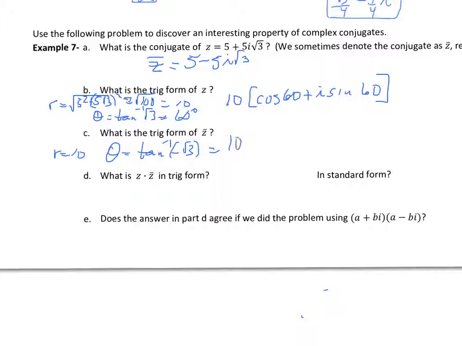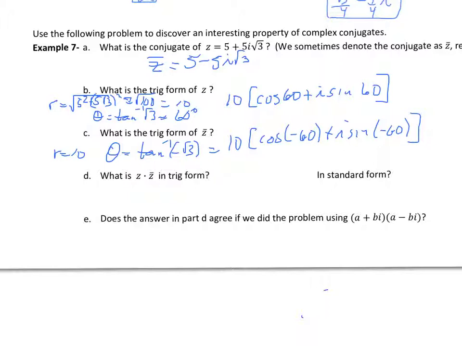So the trig form then is 10 times the cosine of negative 60 plus i sine negative 60. So in that form, we don't even have to figure stuff out. If I put one number in trig form, then I just take the negative of theta. Notice r is the same. I take the negative of theta, and that gives you the conjugate.